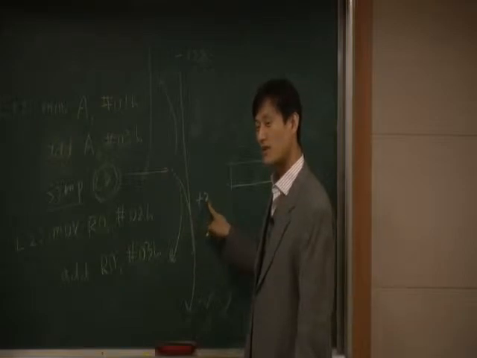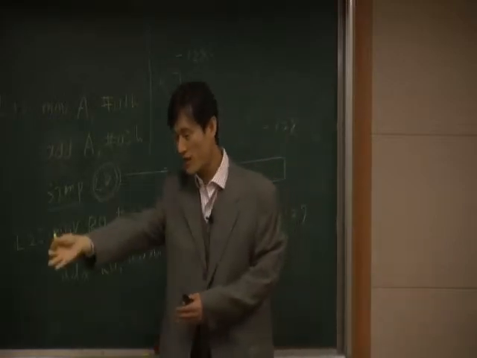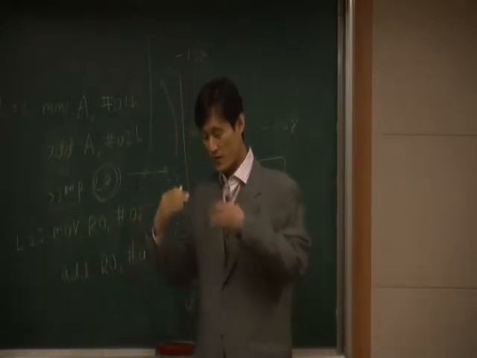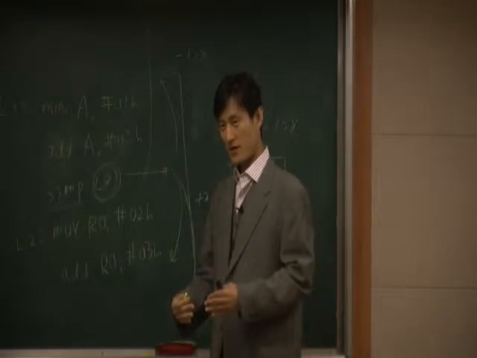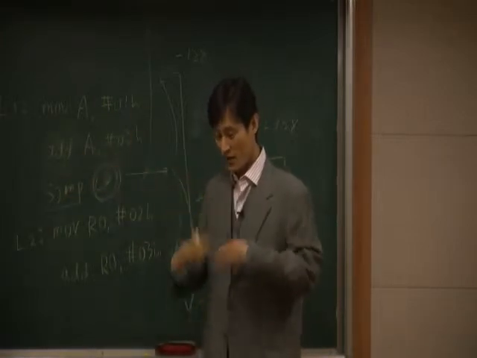Then what does it mean? 2 means a byte address. You are jumping to another location with the plus 2 address. You have a certain address here, and you are jumping to another address, which is my current address plus 2.